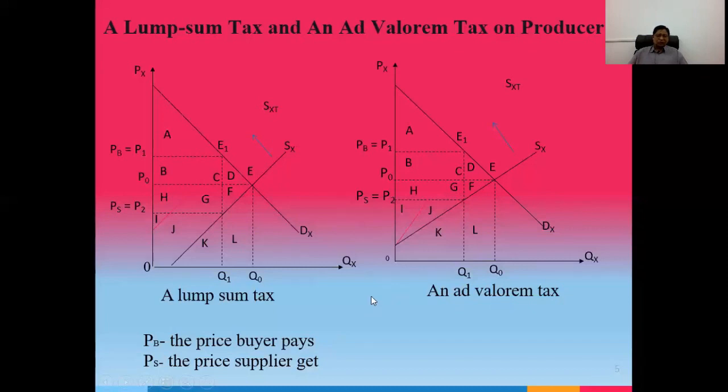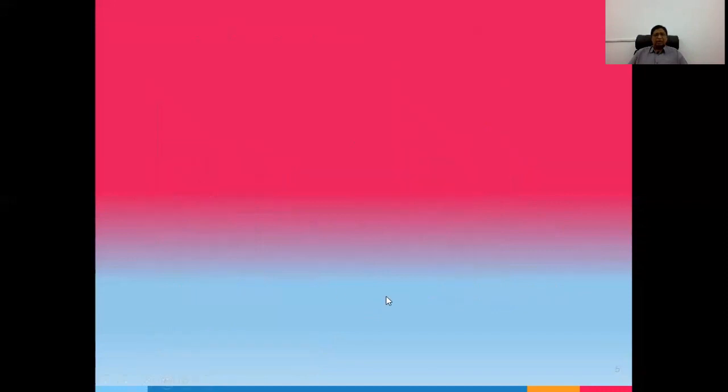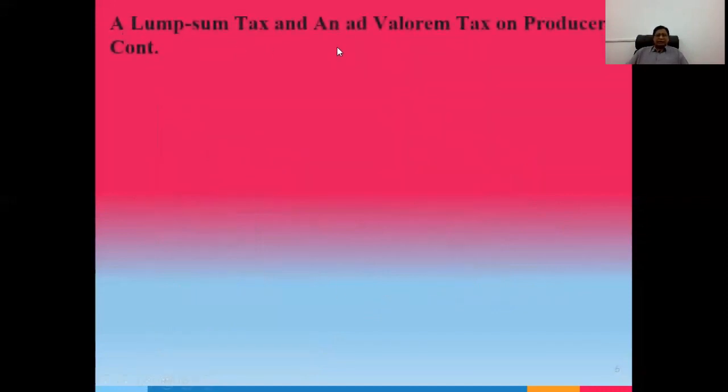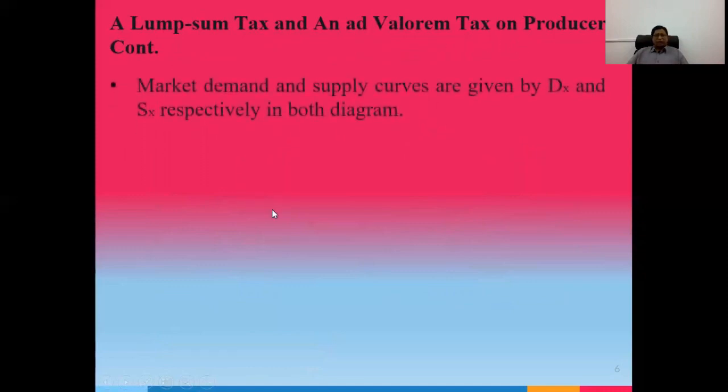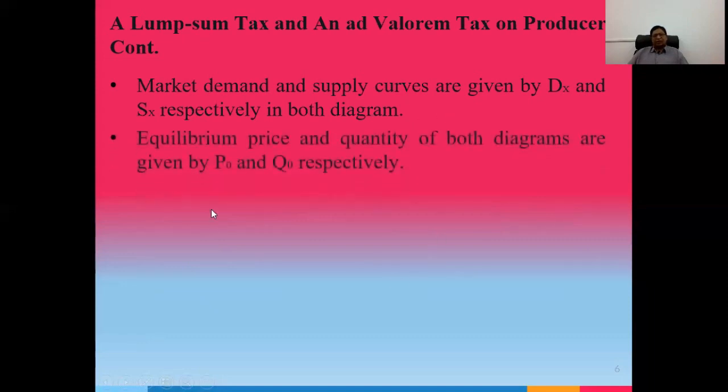I would like to explain again what I have explained so far, without these two diagrams: a lump sum tax and an ad valorem tax on producers. The market demand and supply curves are given by Dx and Sx respectively in both diagrams. The equilibrium price and quantity in both diagrams are given by P0 and Q0 respectively.